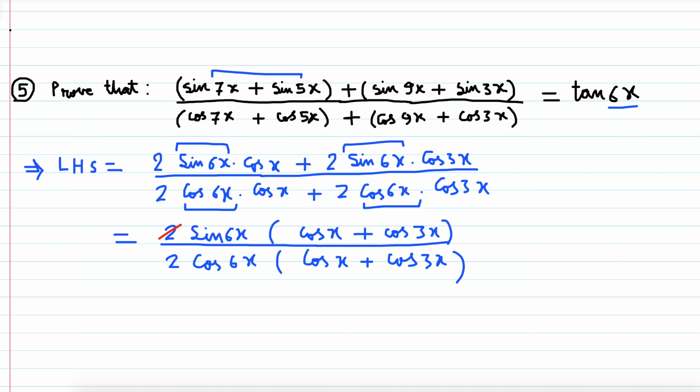Now this 2 cancels 2, and this cos x plus cos 3x cancels cos x plus cos 3x, and we are left with sin 6x by cos 6x, which is equal to tan 6x, which is equal to our right hand side.